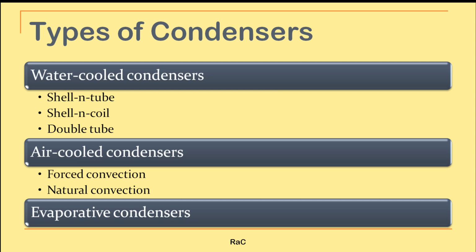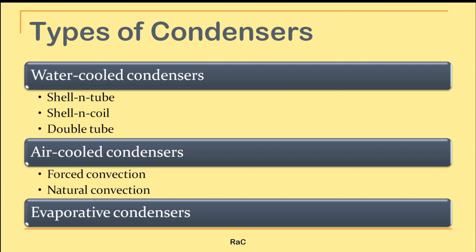So coming to the types of condensers, there are water cooled, air cooled and evaporative type condensers. In water cooled condensers, depending on the type of heat exchange taking place, there could be shell and tube, shell and coil, and double tube or tube in tube condensers.